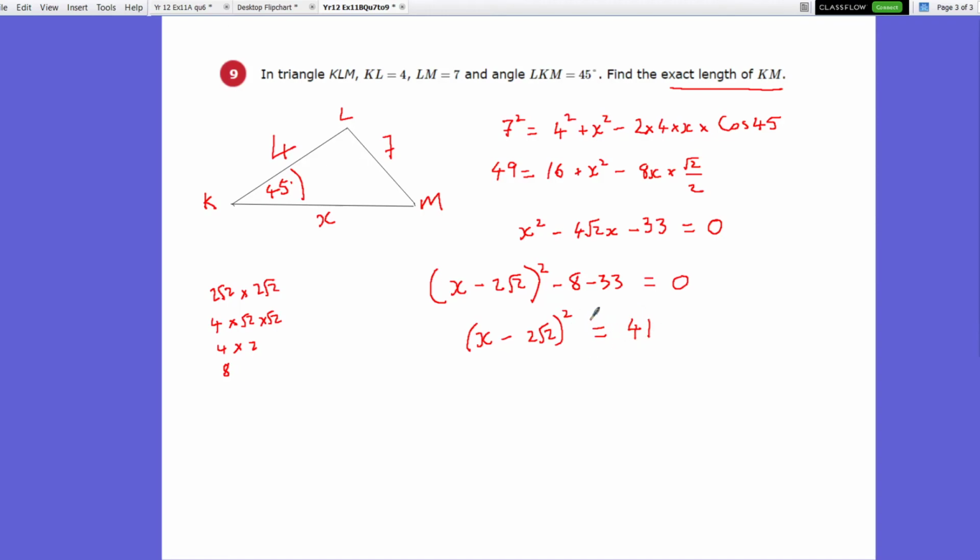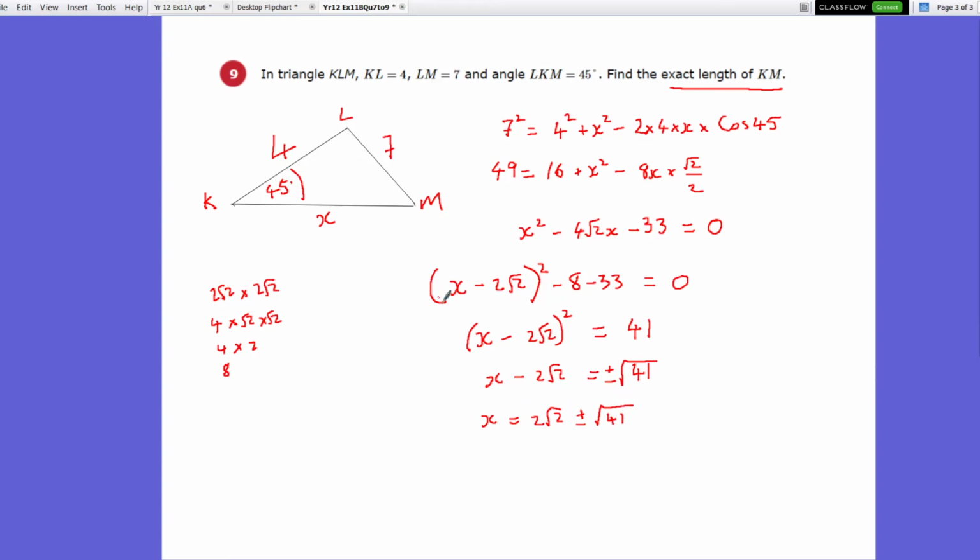Now, the opposite of squaring is square rooting, so I'm going to get x minus 2 root 2 equals plus or minus root 41. Don't forget, when we square root something, we get a plus and a minus. Then I'm going to take this minus 2 root 2 to the other side, so x is going to equal 2 root 2 plus or minus root 41.